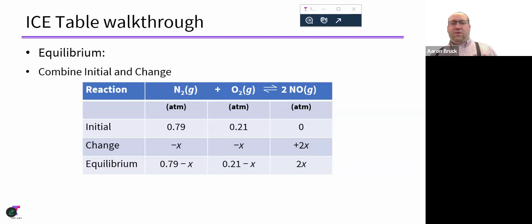So at equilibrium, the pressure of nitrogen is going to be 0.79 atmospheres minus some amount that it lost. And the pressure of oxygen is going to be 0.21 atmospheres minus some amount that it lost. And the pressure of the nitrogen monoxide is going to be 2 units that were gained.